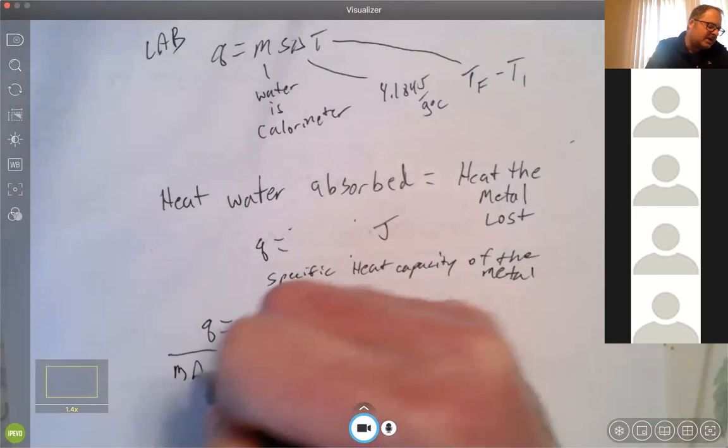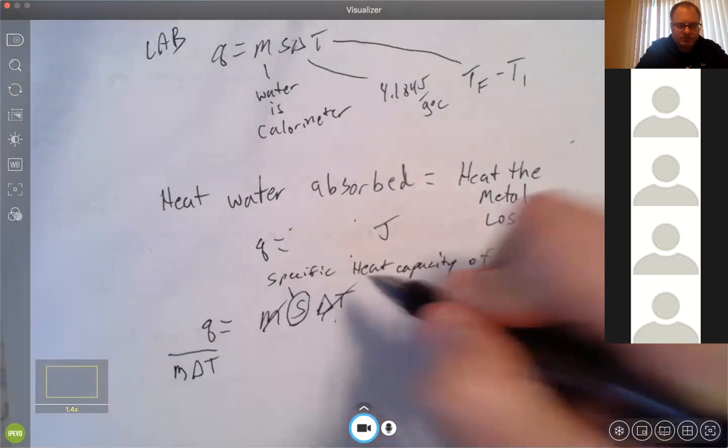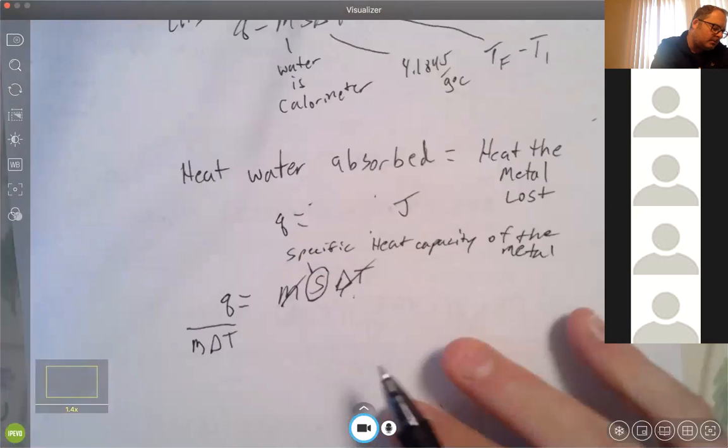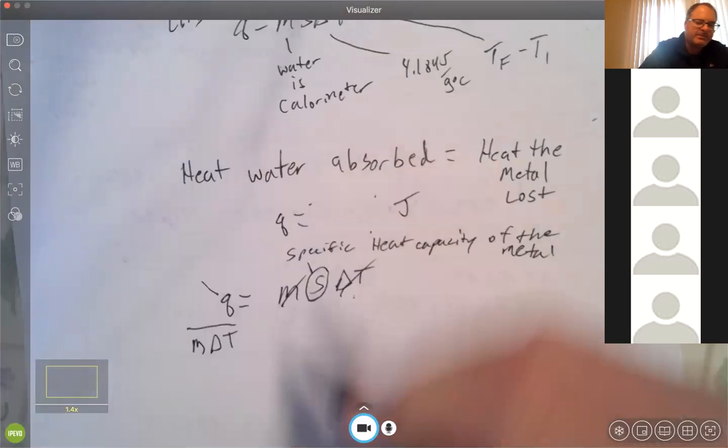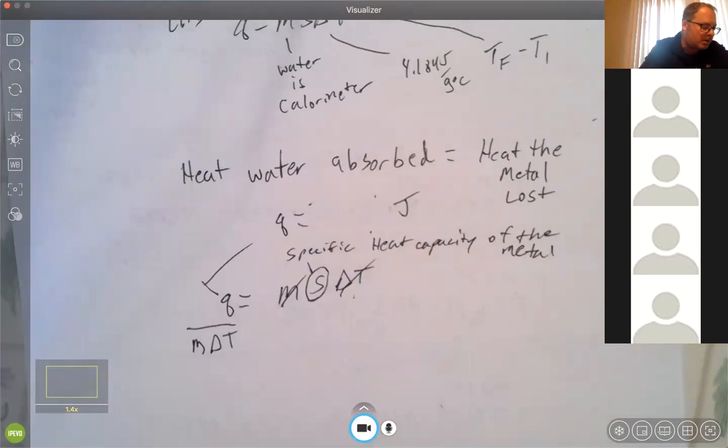So what you do to find that is you rearrange this formula to solve for s. We divide both sides by m delta T. You know the Q because it's the amount of heat that was absorbed by the water.